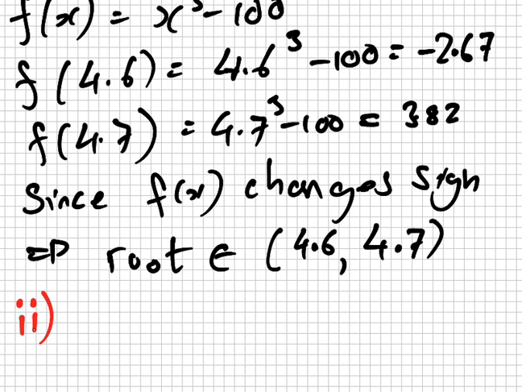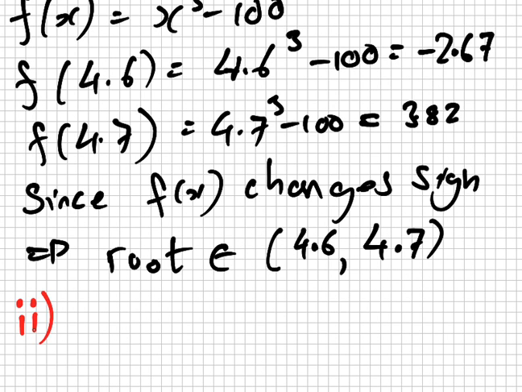If both values have the same sign, then there's a problem. It should be one positive, one negative. My advice would be, if that's happened and there was a sine or a cosine in it, maybe you're not in radian mode.